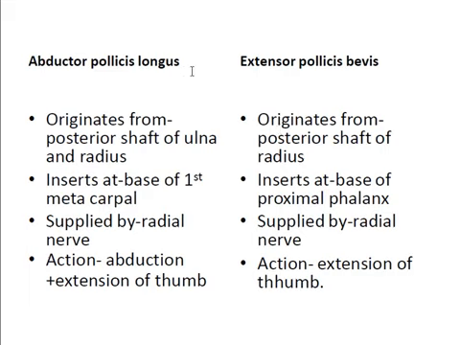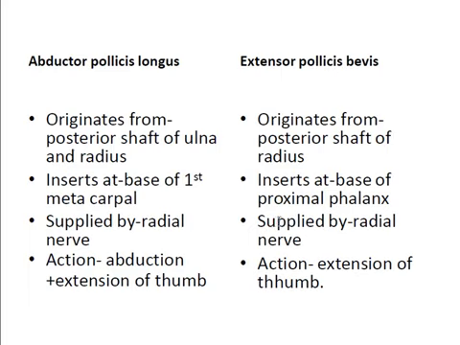One is the abductor pollicis longus, another is the extensor pollicis brevis. The abductor pollicis longus originates from the posterior shaft of the ulna and radius and inserts on the first metacarpal base. Extensor pollicis brevis originates from the posterior shaft of the radius and inserts at the base of the proximal phalanx.